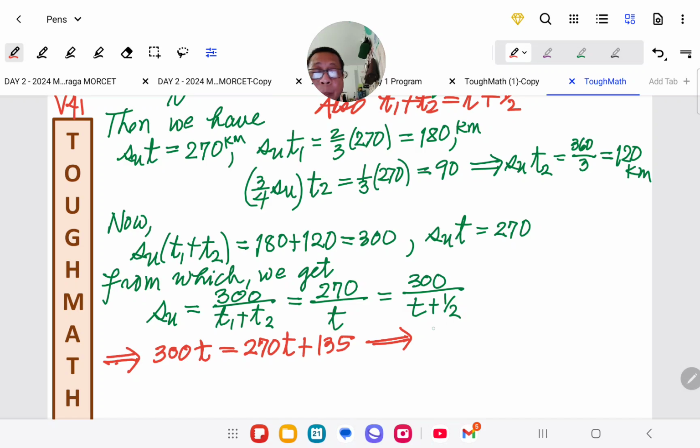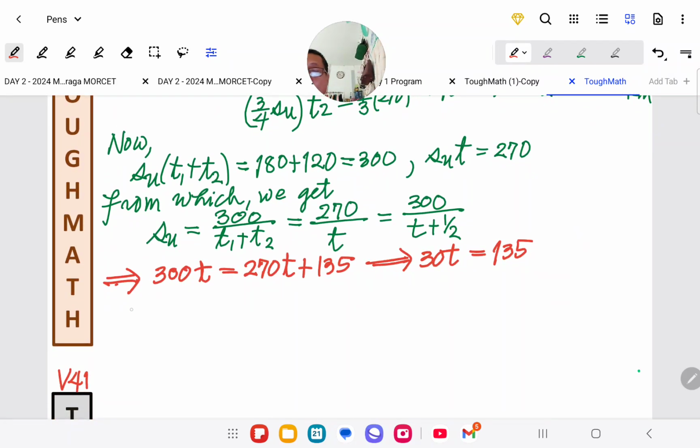Therefore, we have 30t equals 135, or t is equal to 135 over 30 equals 4.5 hours.